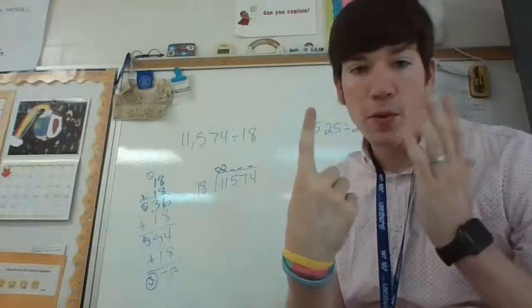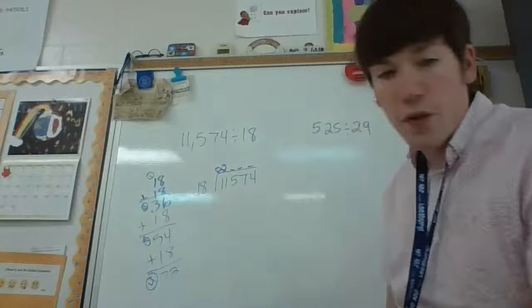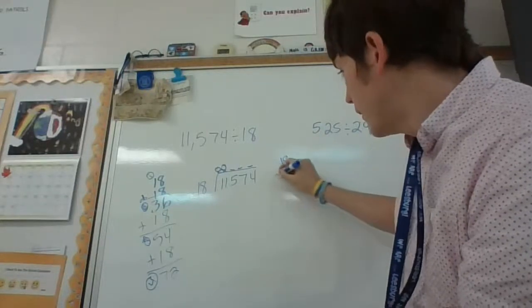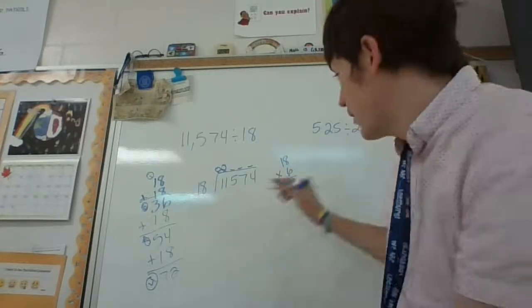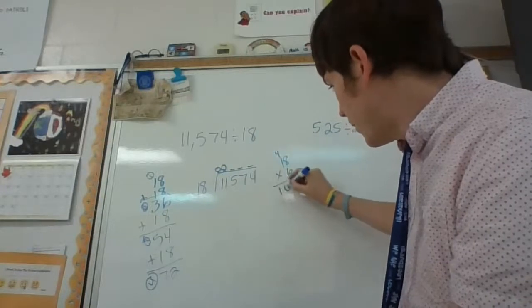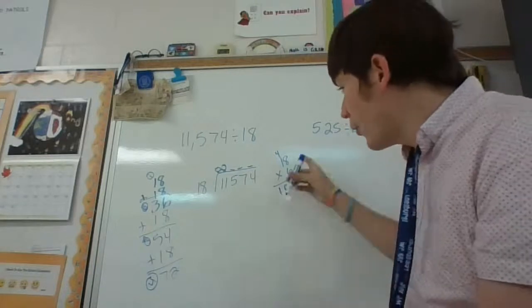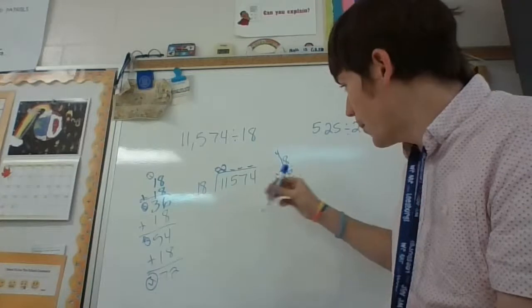So 6 multiples of 18 gets me close to 115. I'm going to go over to the side and do a guess and test. I'm going to do 18 times 6 and see how close I get to this number, which gives me 108. That worked, because if I added another group of 18, that's going to give me more than 115 hundreds.